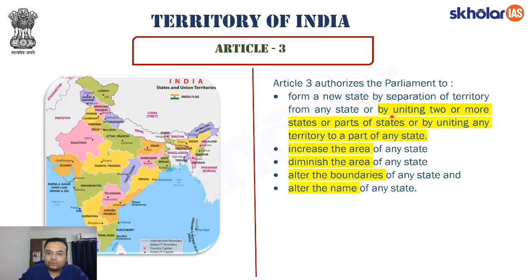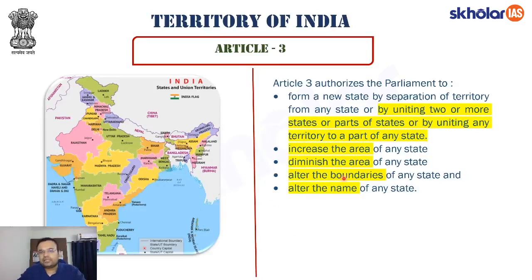If it wants to unite two or more states, that again can be done by using Article 3. Then, if it wants to unite territory or part of one state to some other state, that again can be done by Article 3. So what exactly is happening with Article 3? It is authorizing Parliament to increase the area of any state, diminish the area of any state, alter the boundaries of any state, and also alter the name of any state.